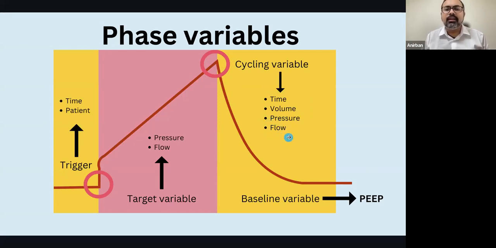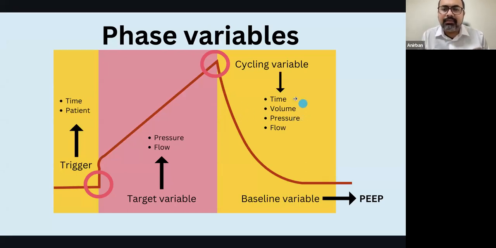If the patient is on volume control ventilation, sometimes it can be volume cycled also. Some of the advanced modes have volume cycling, where after a certain amount of volume is reached, it is cycled into expiration.